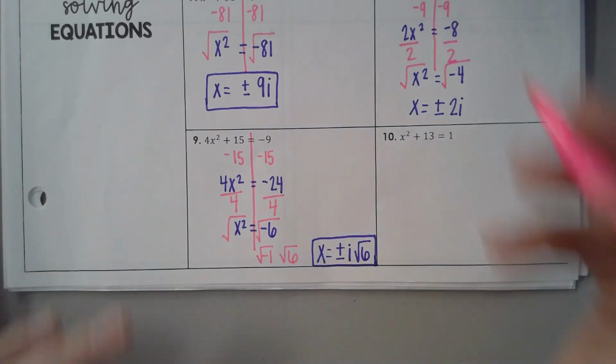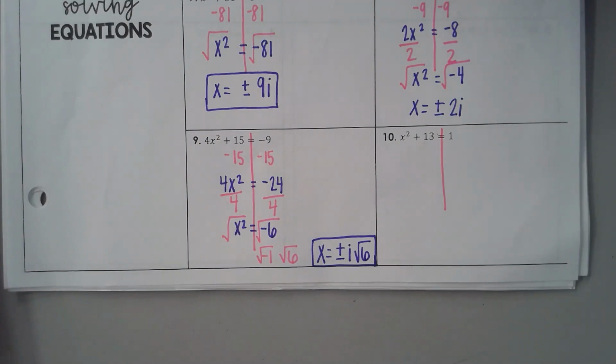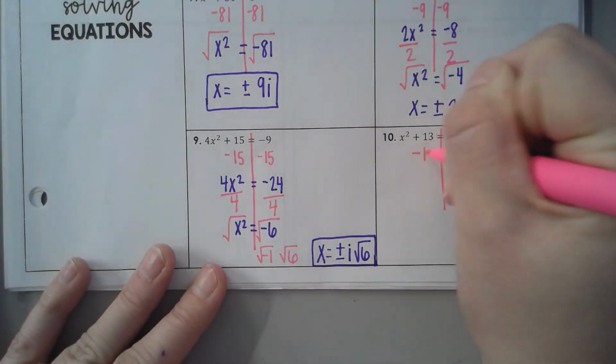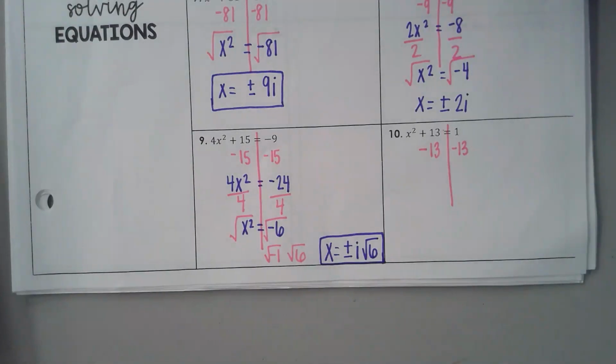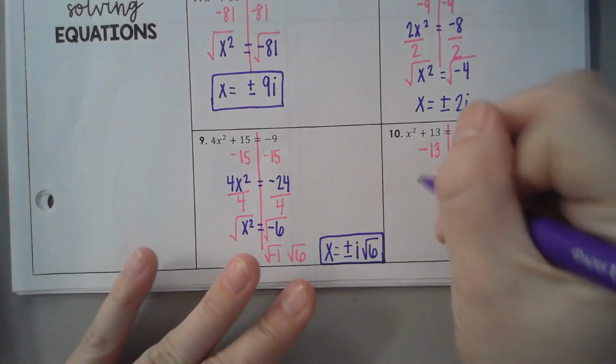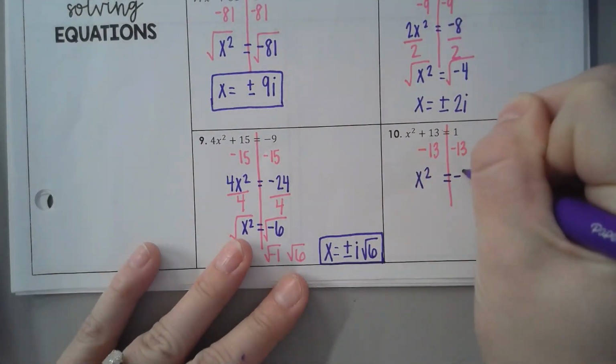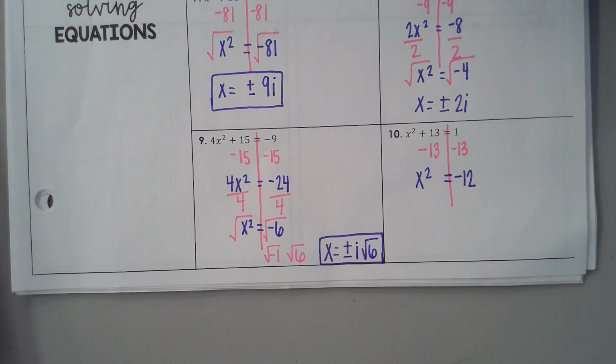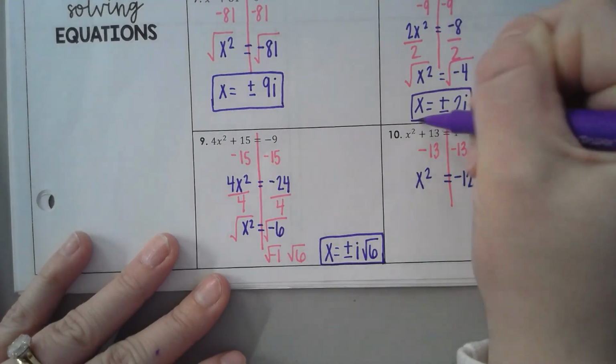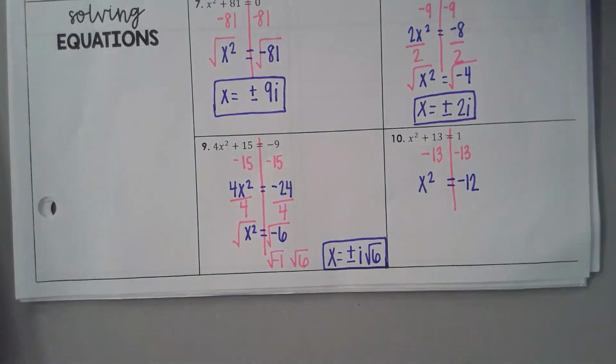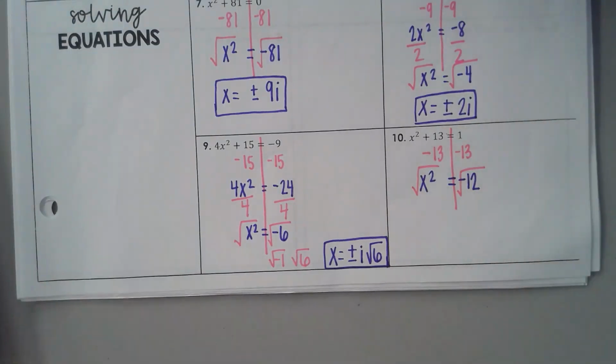And we'll do one more. Subtract the 13. That gives us x squared equals negative 12. And then take the square root. Now this one, 12 is not a perfect square, but you can divide it by a perfect square.